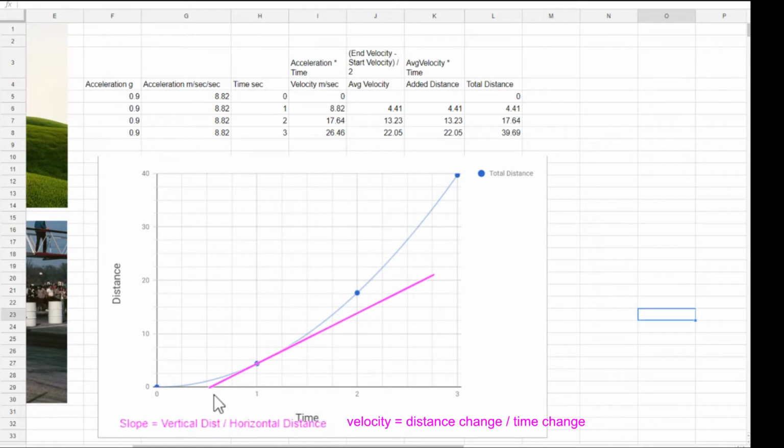Now, to make it easy, I'm going to have the horizontal distance just be 1 second. So I'm starting out a little after 1/2 second here. I'm going to go out to a little over 1.5 seconds here and measure what the vertical distance is at that point.